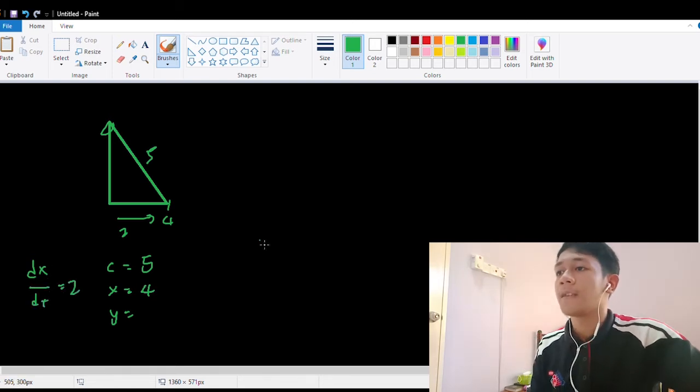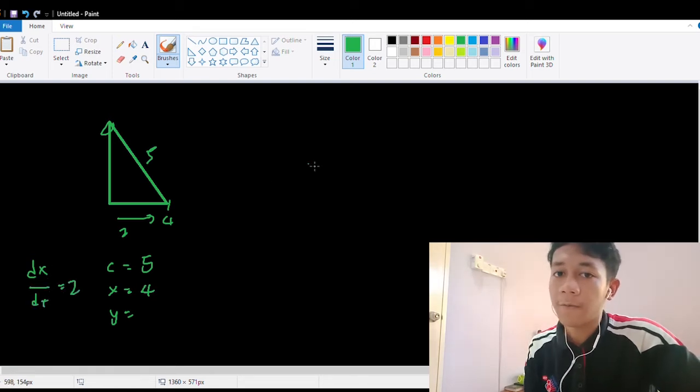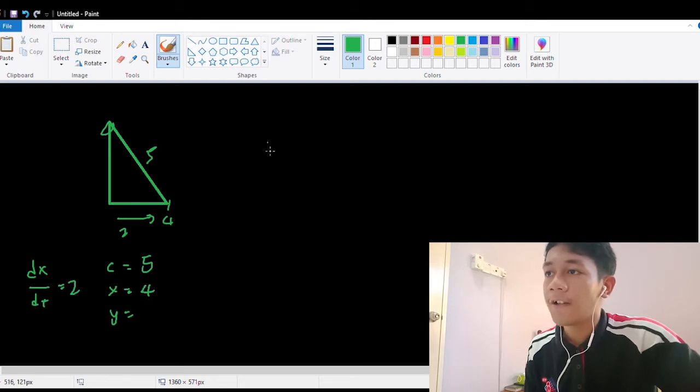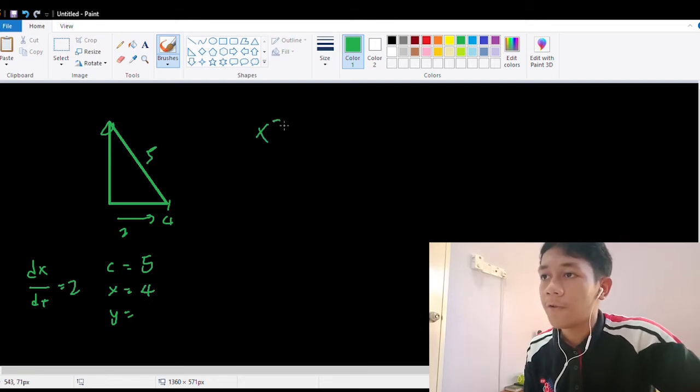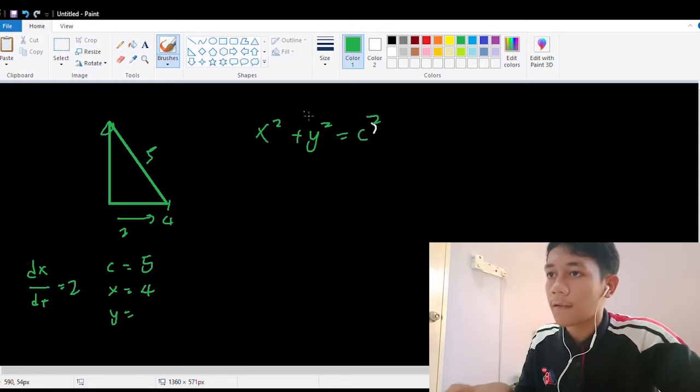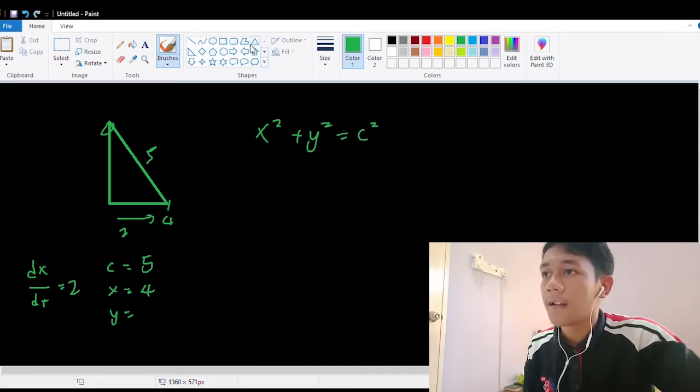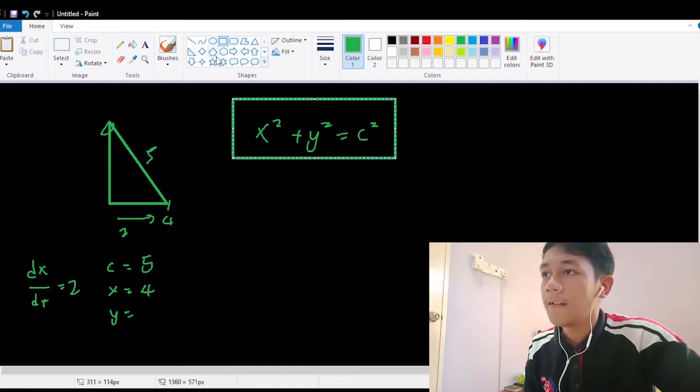Since it's a triangle with a hypotenuse, we can use the formula x squared plus y squared equals c squared. And we need to search for y first.